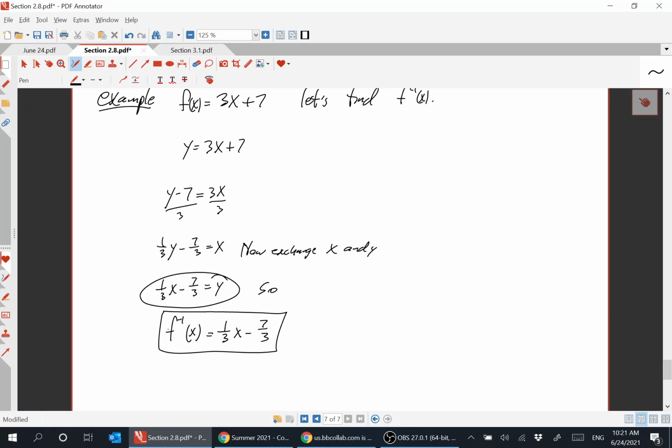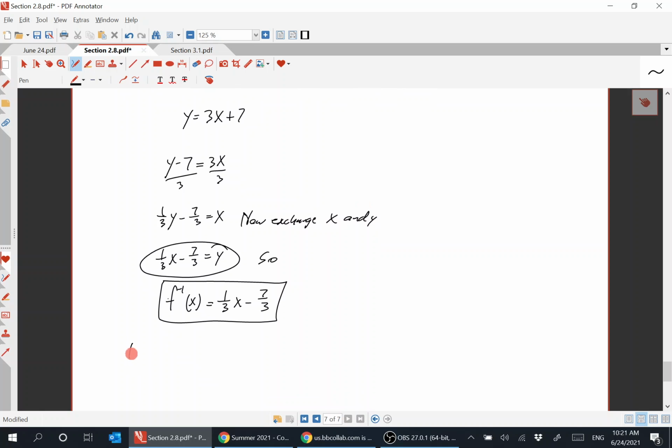All right, and you can do that with any linear function as long as the slope is not 0. So this works for any linear function f of x equal to mx plus b, as long as m is not equal to 0.